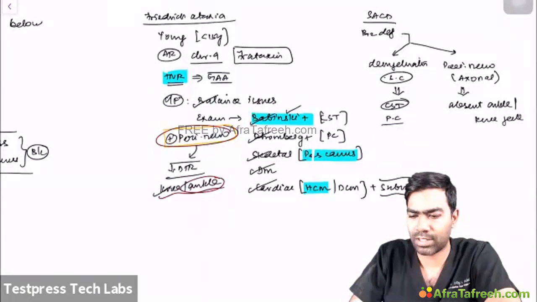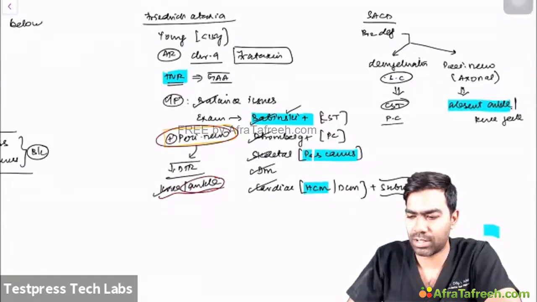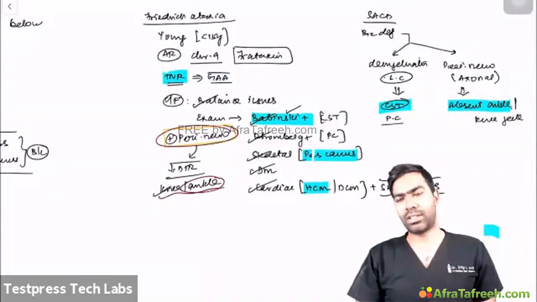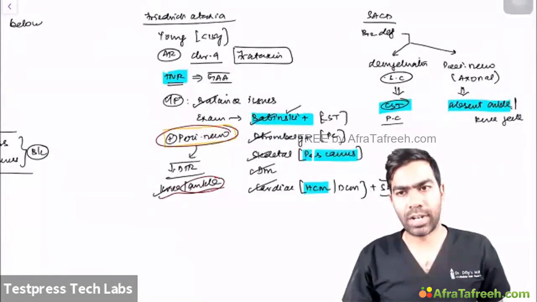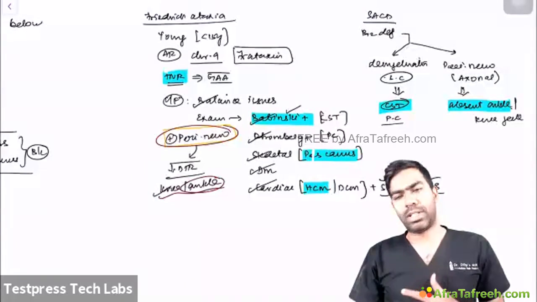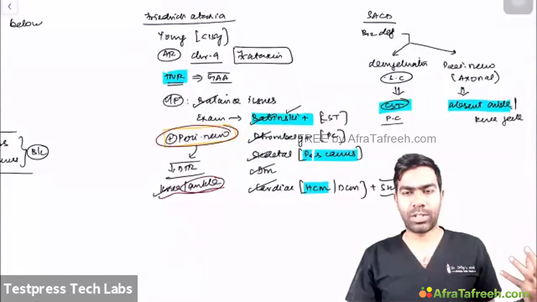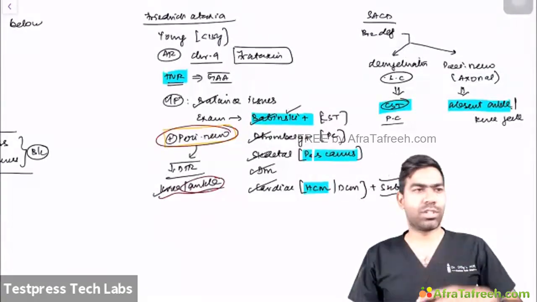So whenever they ask you about absent ankle jerk with a positive Babinski or a plantar extensor response, there are two diseases which you have to answer first. That is SACD, subacute combined degeneration of the spinal cord, and Friedreich ataxia. Remember, this can be seen in other disorders also. For example, HIV. HIV can produce HIV myelopathy, because of that they can produce a lesion. At the same time, HIV produces neuropathy also very commonly.